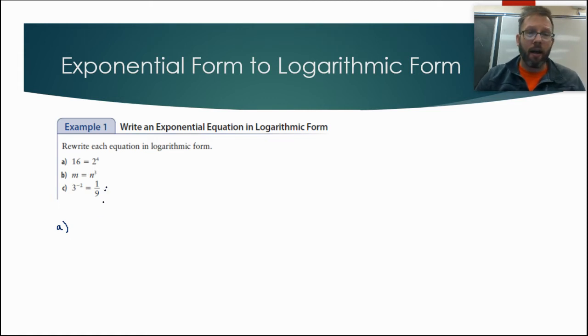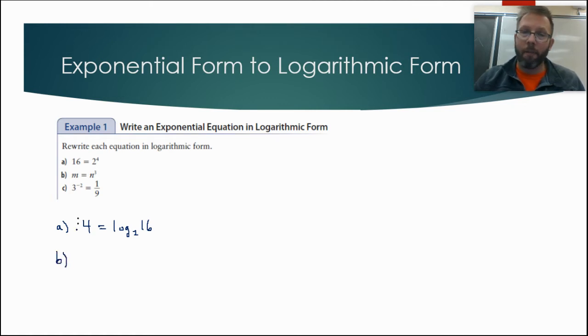So the exponent here is 4. The base is 2. And we're doing the logarithm of 16, base 2. Again, 2 to what exponent gives you 16? It's 4.